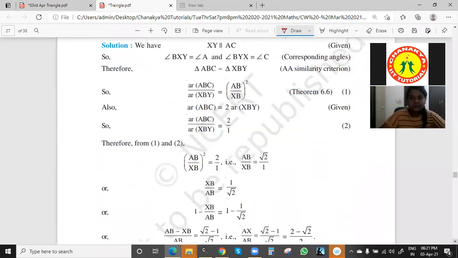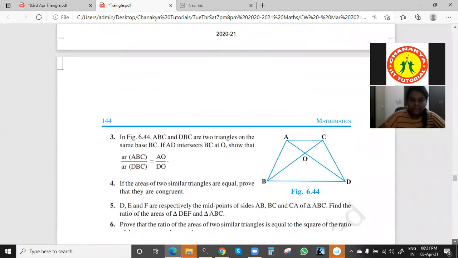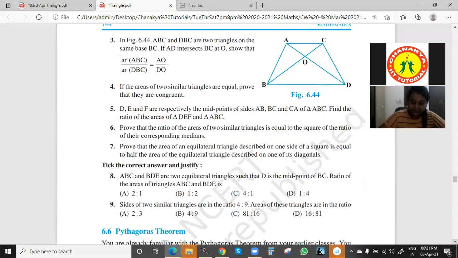Now we'll see some questions of 6.4. So 8th and 9th one you can try first. First 8th one, then 9th one also.